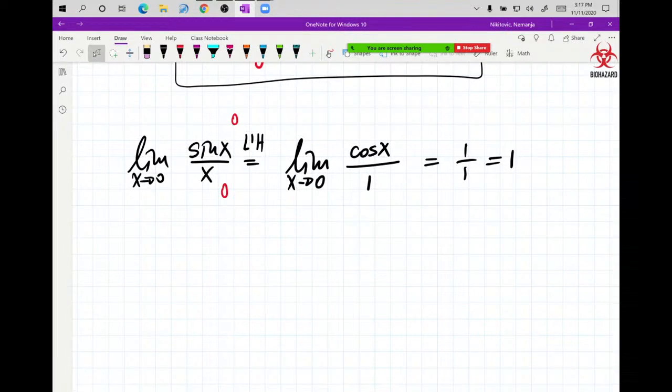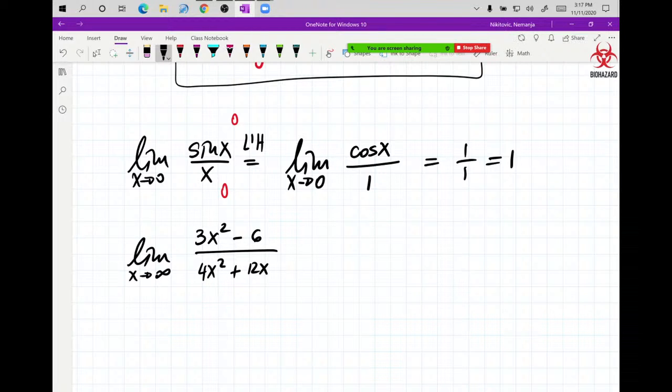Let me give you another example that you all know from chapter 2. Let's say 3x squared minus 6 divided by 4x squared plus 12x minus 1. We know that we can use the front coefficients.